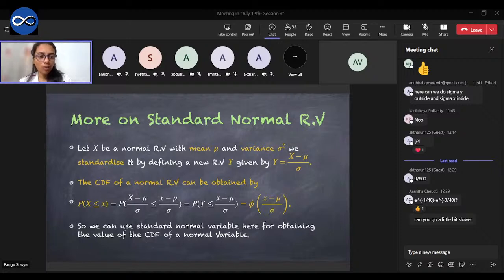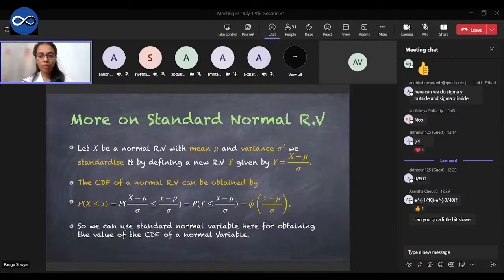So the CDF of a normal random variable can be obtained like this. Probability that X less than or equal to x is equal to probability that (X minus mu) by sigma is less than or equal to (x minus mu) by sigma. Now, as we define Y equal to (X minus mu) by sigma, it will be probability of Y less than or equal to (x minus mu) by sigma.